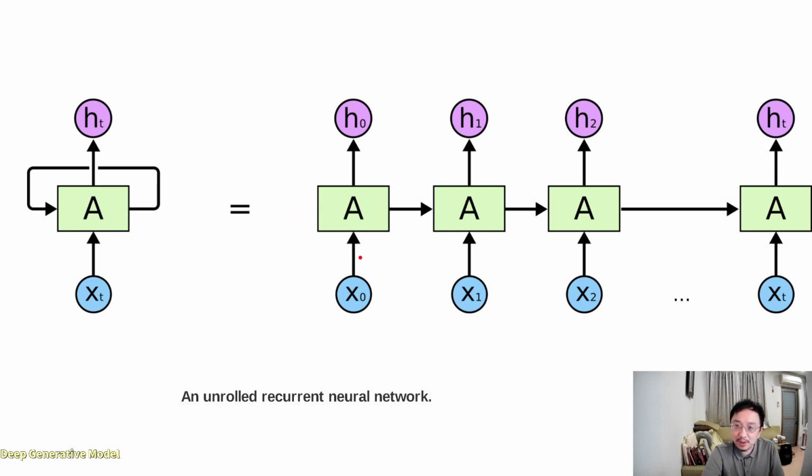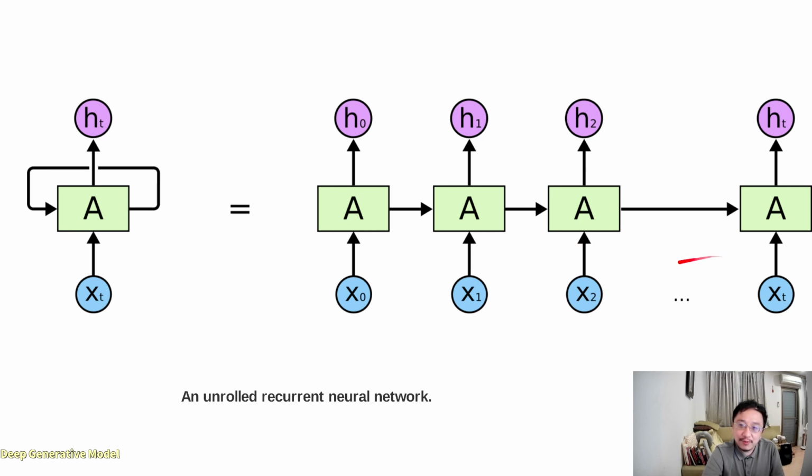And for the other input, just like the autoregressive model, we typically assume the input is a sequence. The whole input is a sequence: x0, x1, x2, x3, x4, and so on.